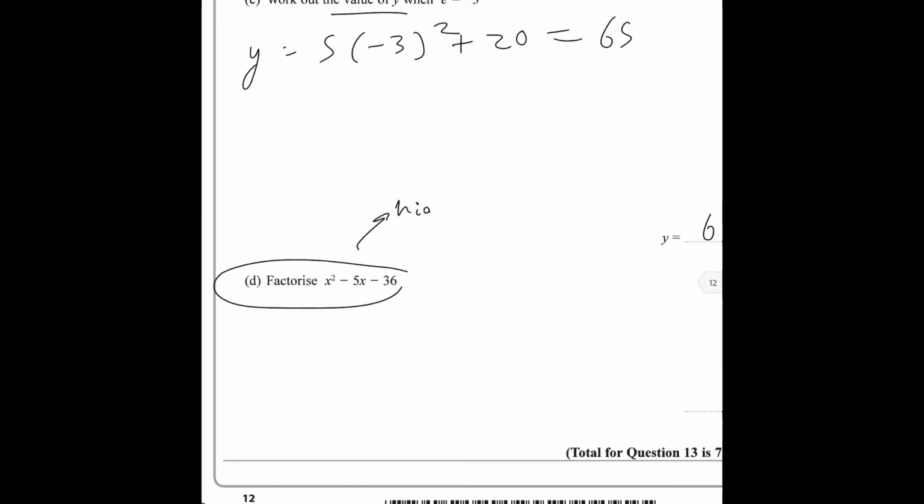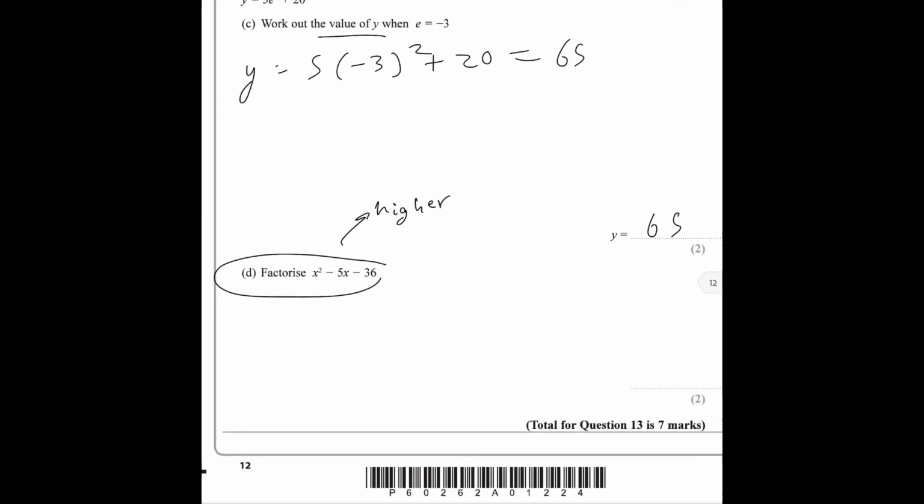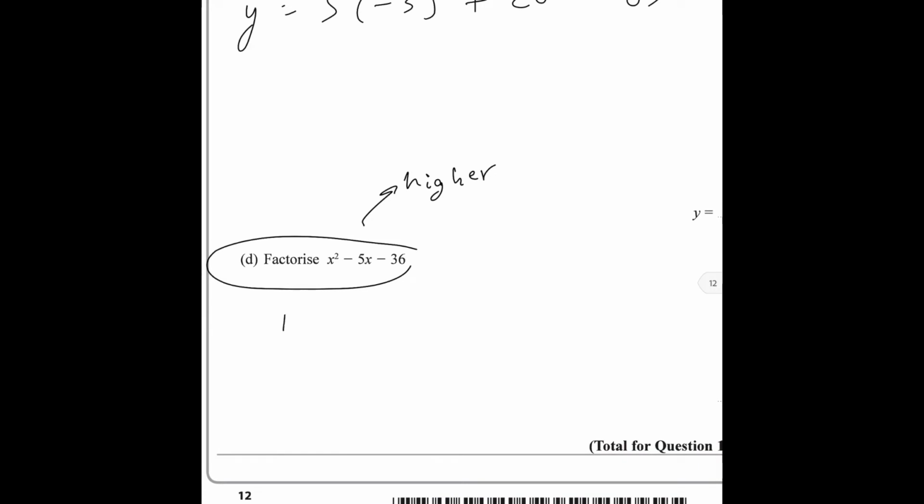That's pretty good. Now factorize. This is a question that appears in the higher tier paper as well, for maybe 1 mark, 2 marks as well. So you have to find two values that multiply to get minus 36 and two values that add to get minus 5. Maybe you can use the numbers 9 and 4.